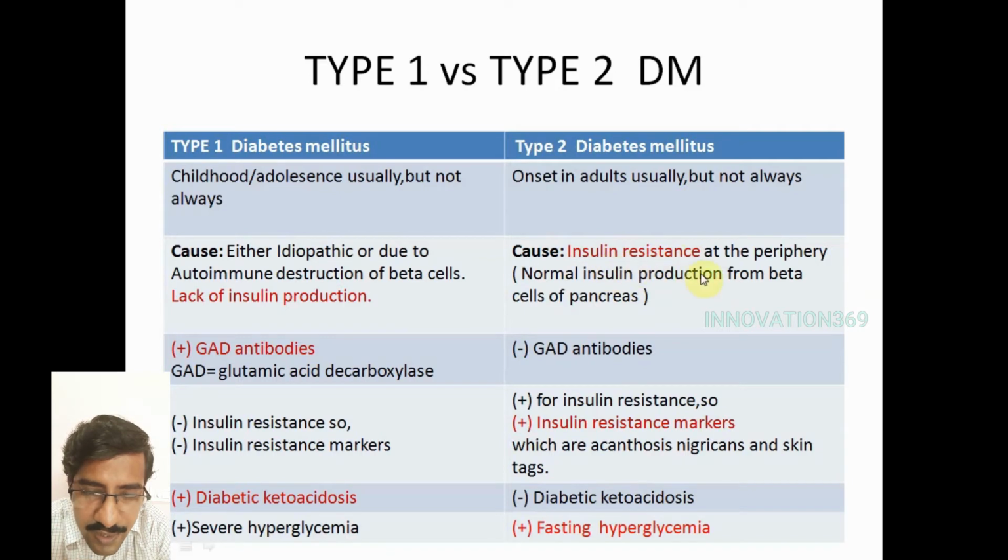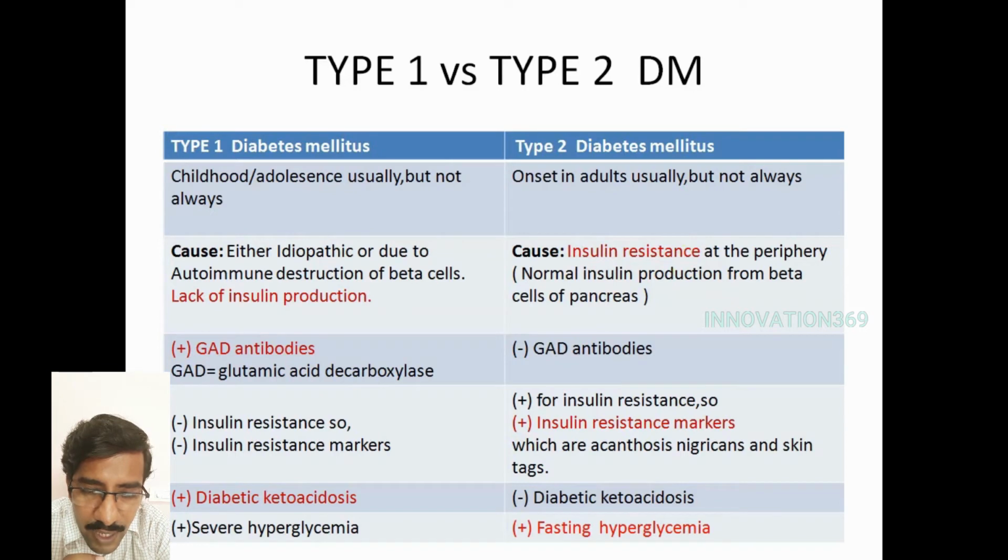So once again, in type 1, the beta cells are destroyed and there is no insulin production. In type 2, the beta cells are normal, producing normal amounts of insulin, but there is insulin resistance at the periphery or at the tissue level.